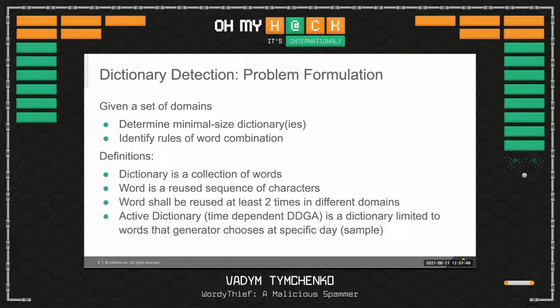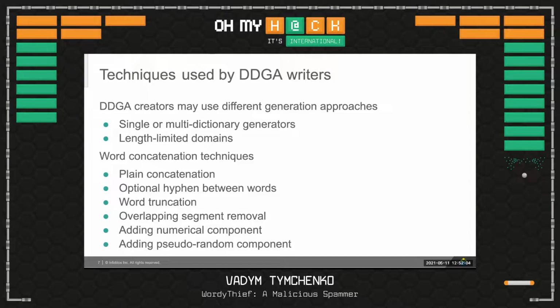And an active dictionary, specifically in the case of time-dependent dictionary DGAs, is a dictionary limited to words that the generator decided to use on a specific day or time. Dictionary DGA writers use quite a few different techniques to make detection complex.